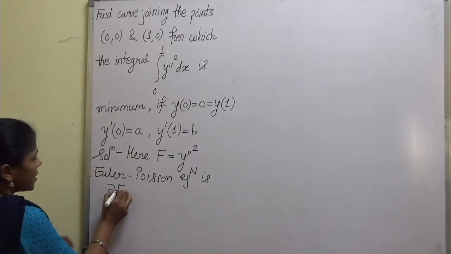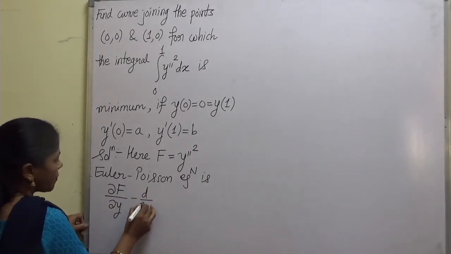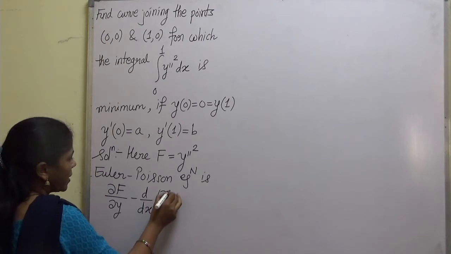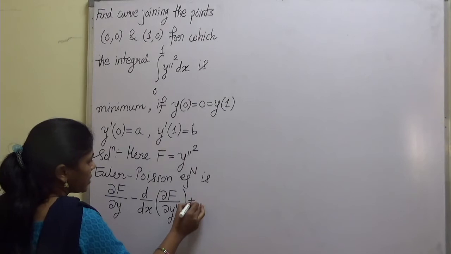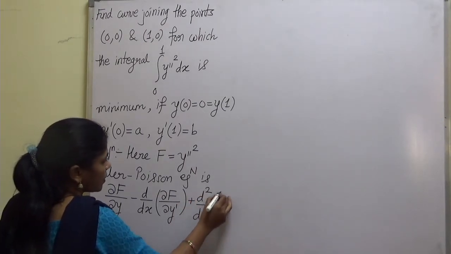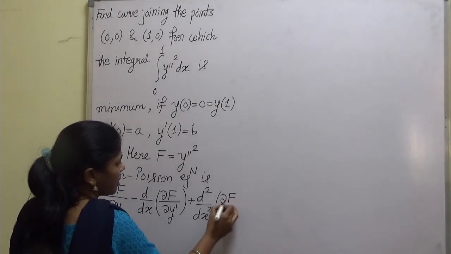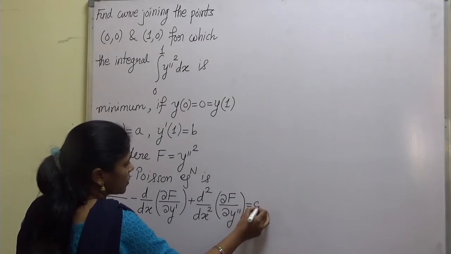So the Euler-Poisson equation is del f by del y minus d by dx of del f by del y dash plus second order derivative of del f by del y double dash equal to 0.